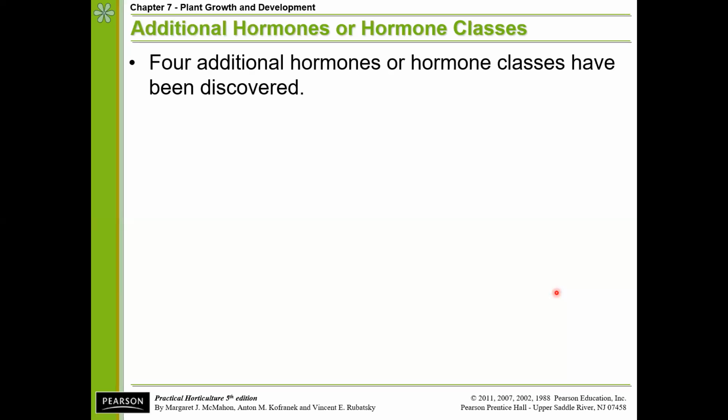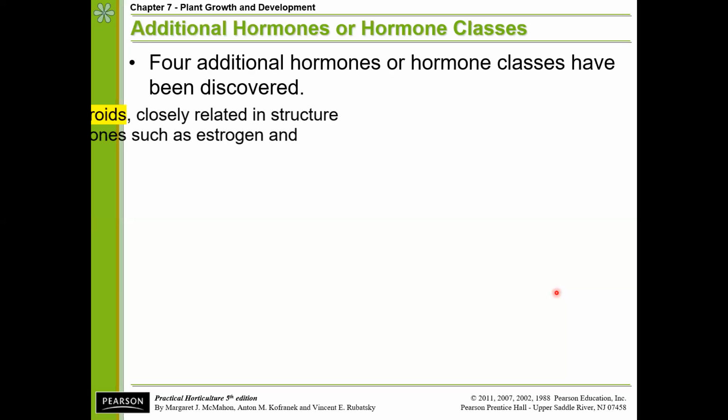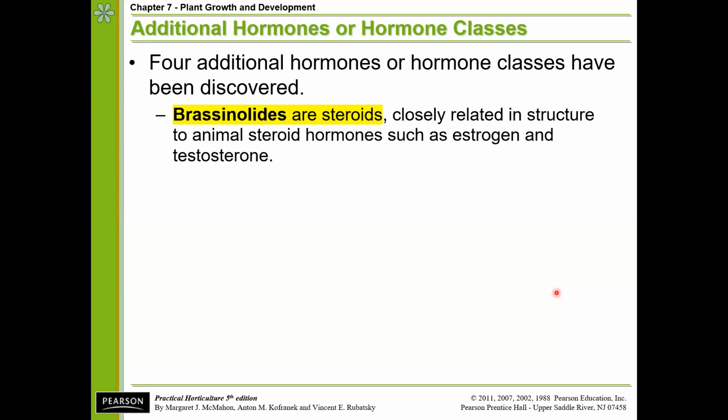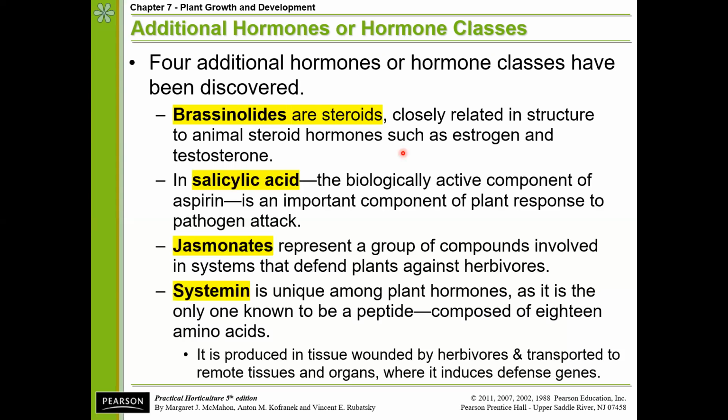So here are just a couple of other major natural hormones. The brassinosteroids are steroids, and people have actually been doing research on them for a long time. They use that chemistry to extract it and use it, and that is just one example.